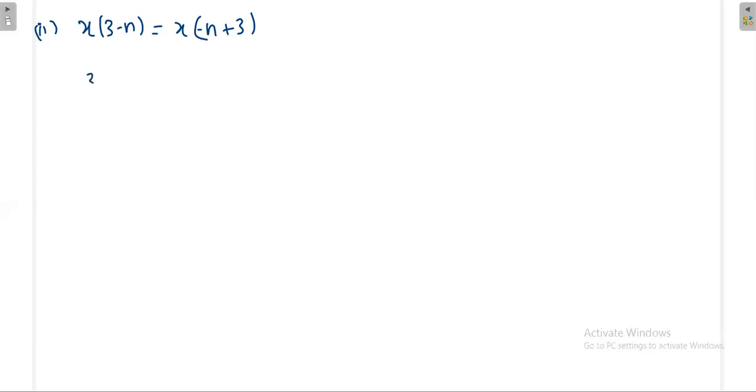Take 3 minus n, or minus n plus 3, equal to 0, so n is equal to 3. Finally our diagram will be shifted towards the right-hand side, along with the effect of time reversal, because n is negative.